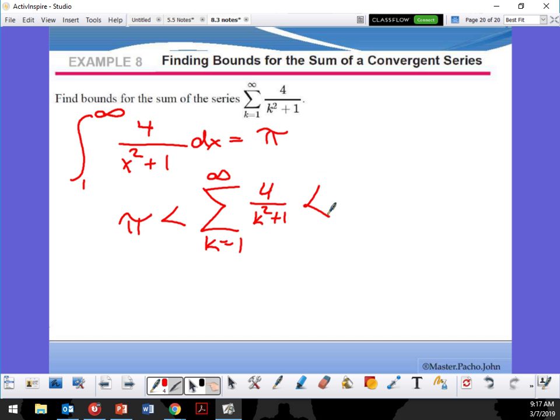Now, this next piece is going to be s of 1, which is 2. So what does that mean? Plug 1 into our sum. My first term is going to be my s of 1. So I'm going to take my 1, plug it in there, so it's going to be 4 over 2, which is 2. So my s of 1 should be 2 plus pi.